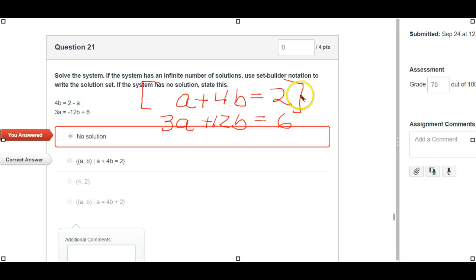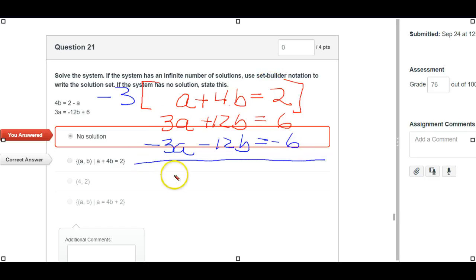Equals 2. So I want something to cancel out here. So if I multiply the top equation by a negative 3, we said, then our a's would cancel out. So let me write it underneath. So this is a negative 3a. This will be a negative 12b. And this is going to be a negative 6.